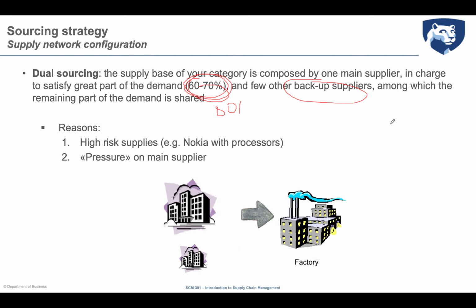Okay, we have made the parallel with the safety stock. They are our safety stock. So in case a problem with the main supplier arises, they are able to back up the main supplier on the purchases that they are supposed to provide. One main and one or more small.